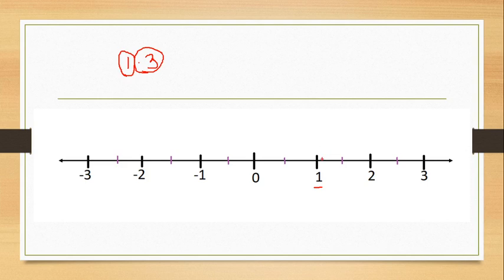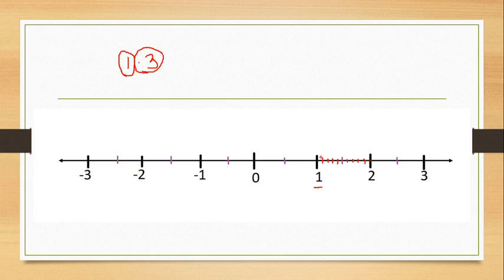Okay, there are 10 small parts. Let's first draw 10 small parts between 1 and 2. And this purple color line is the fifth one. Again 1, 2, 3, 4, and this black line is the fifth line.